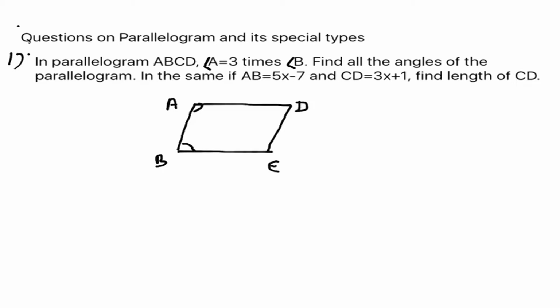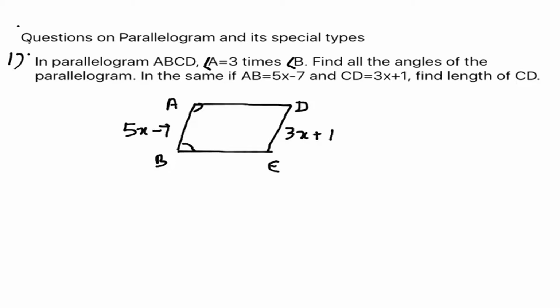And we have to find the value of angles A, B, C and D. They have given AB as 5x minus 7 and CD as 3x plus 1, and for this we have to find the value of x.